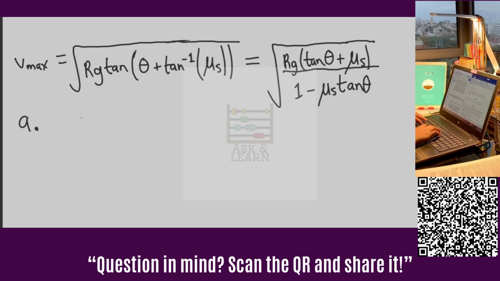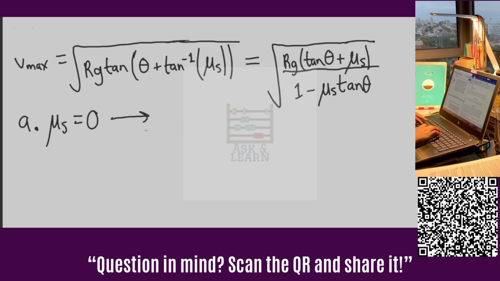So at this point, for part A, we can say that the given speed is roughly 17 meters per second. If we don't want the car to depend on static friction to keep from sliding out, and we want simply the downward pull of gravity to be sufficient, then we can set mu s to 0 and obtain the following.